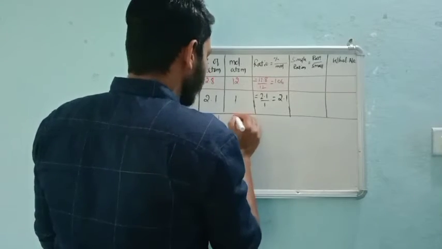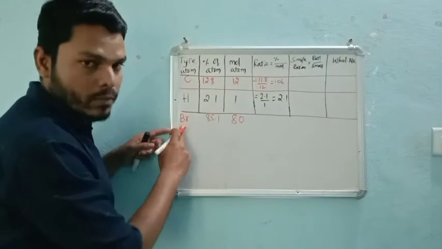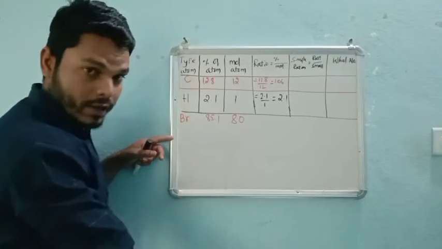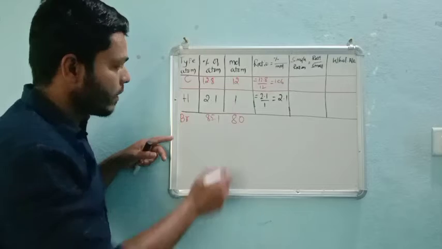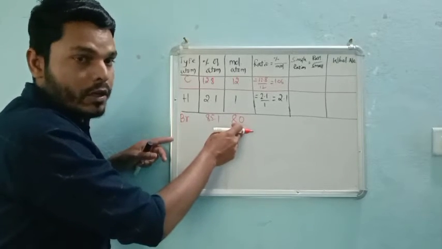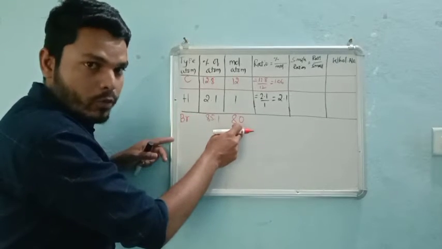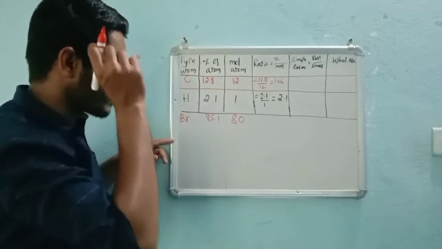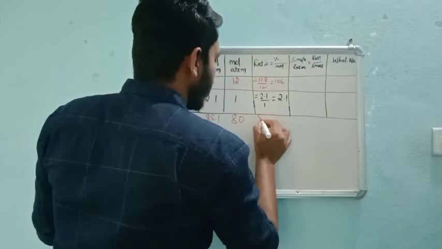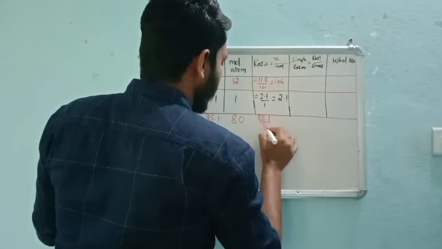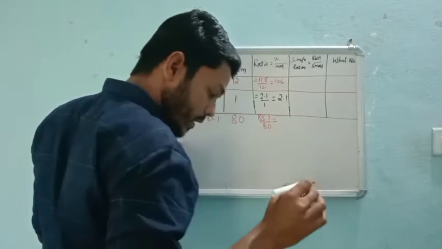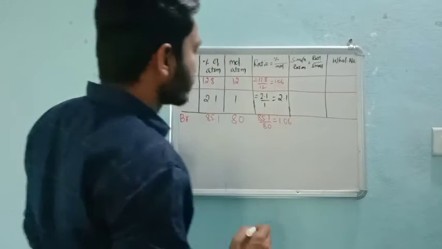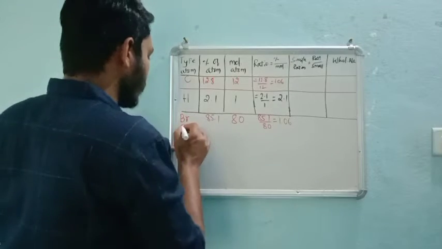For big elements like this, the atomic mass is usually given in the question itself, but I have not given it in this problem. So 85.1 divided by 80 is nearly 1.06 only, right? Now go for the simple ratio. The simple ratio will now be very easy.